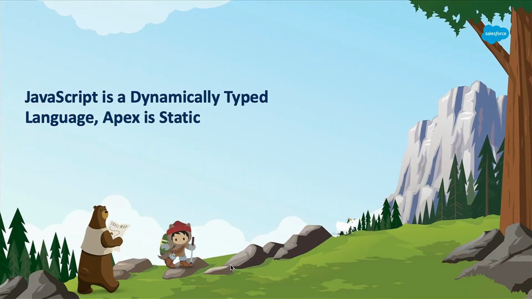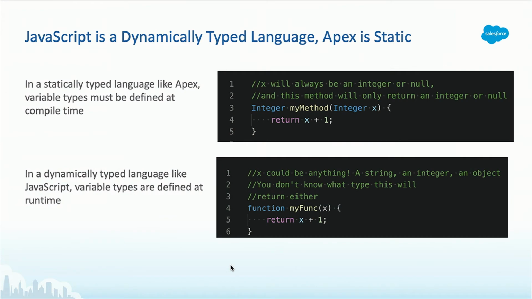So the first thing, a very key difference is that JavaScript is dynamically typed while Apex is static. When you have a statically typed language like Apex, variable types must be declared in your code, and those variables can only hold those types.